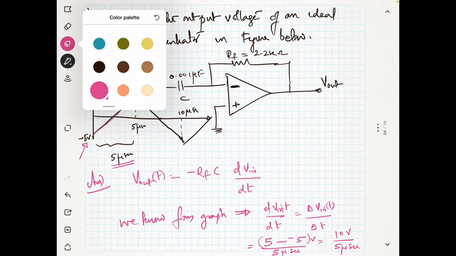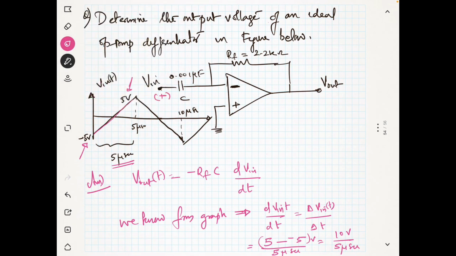So when you give a positive input, you will get a negative output. When you give a negative input, you will get a positive output. But you see here that the slope of this curve is positive. So that means it is increasing.